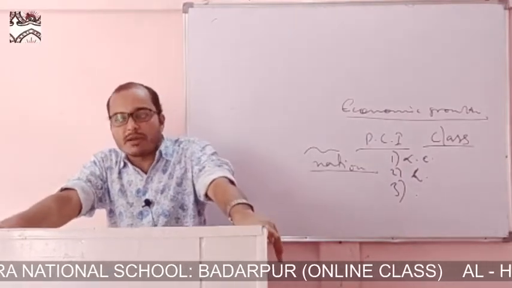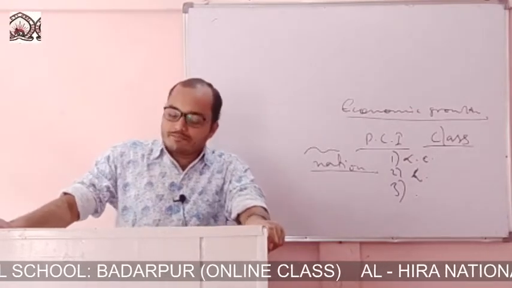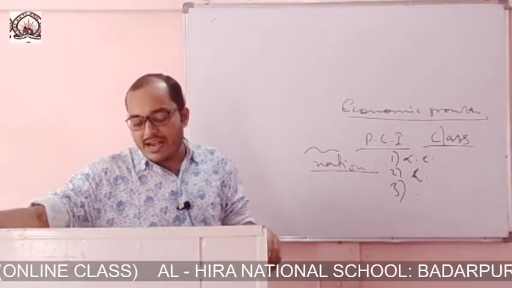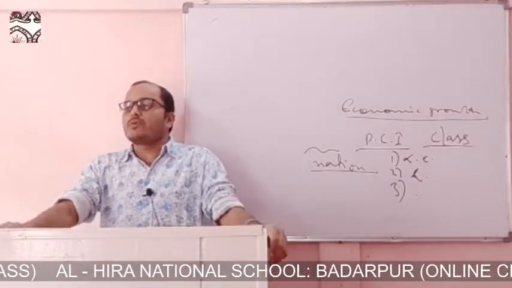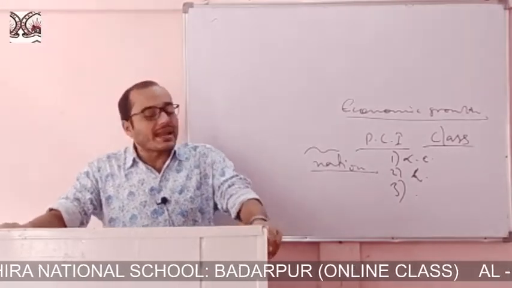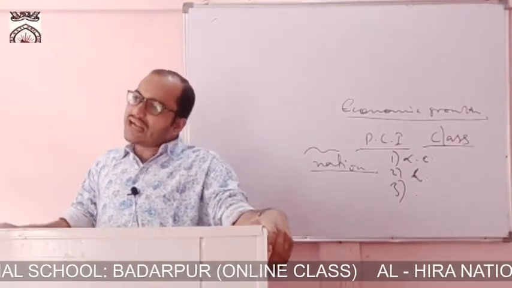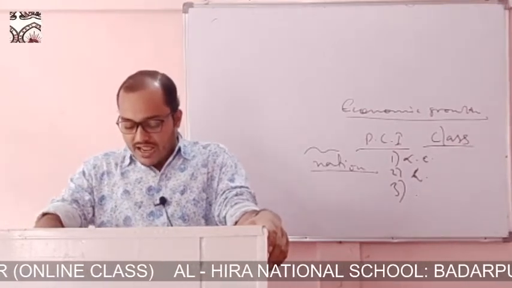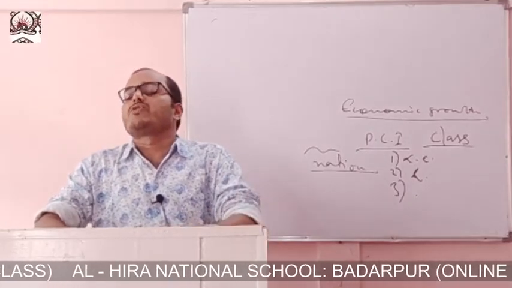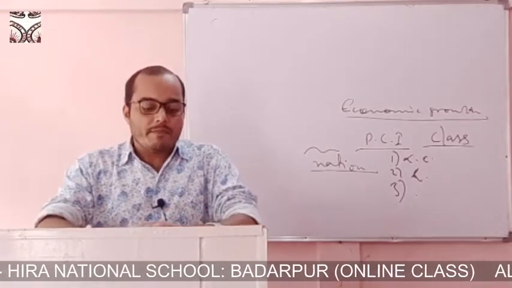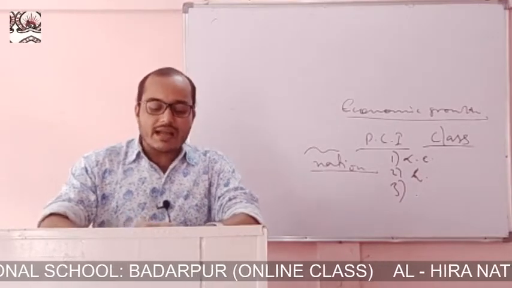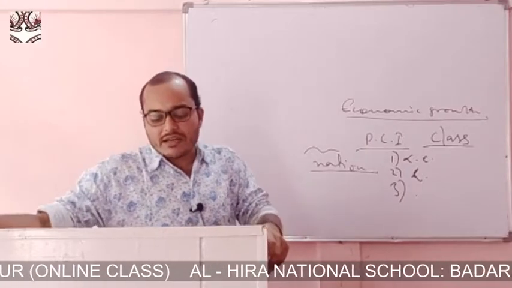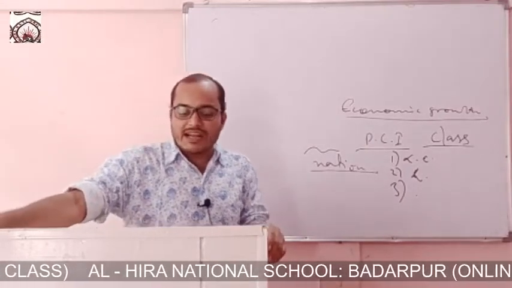Next, it is economic planning after independence. The Government of India came up with the idea of economic planning and a centralized organization was set up, the Planning Commission of India, and the 5-year planning system was initiated. The first 5-year plan started in April 1951 and continued till 31st March 1956.